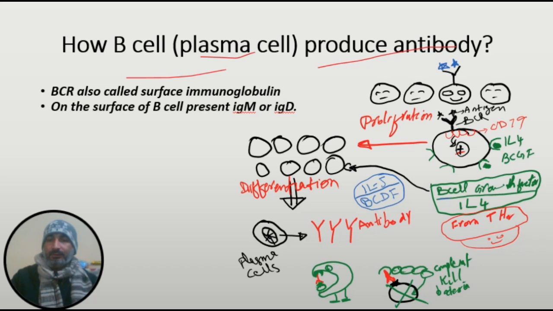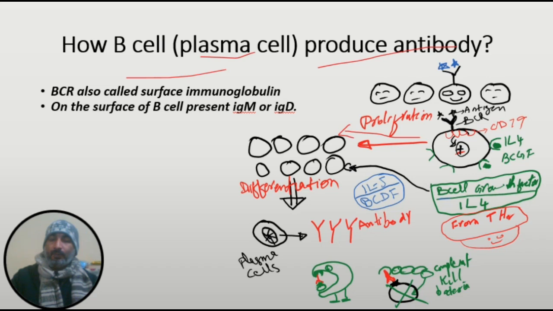The antigen binds with this B cell, and this binding will activate the specific gene here, and what that gene will do is cause the proliferation of that B cell.